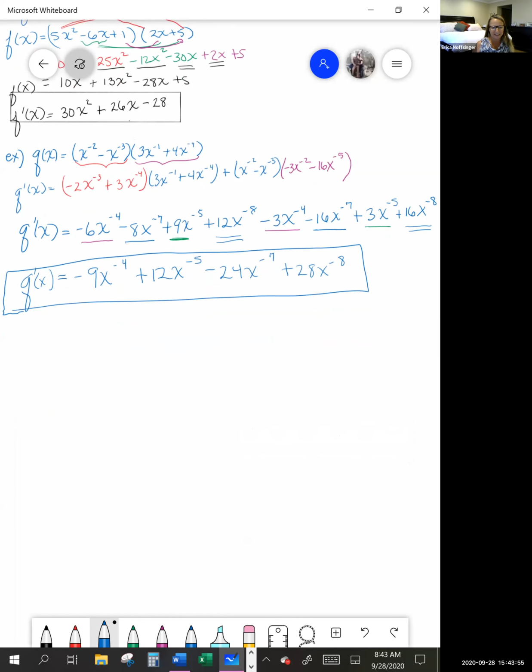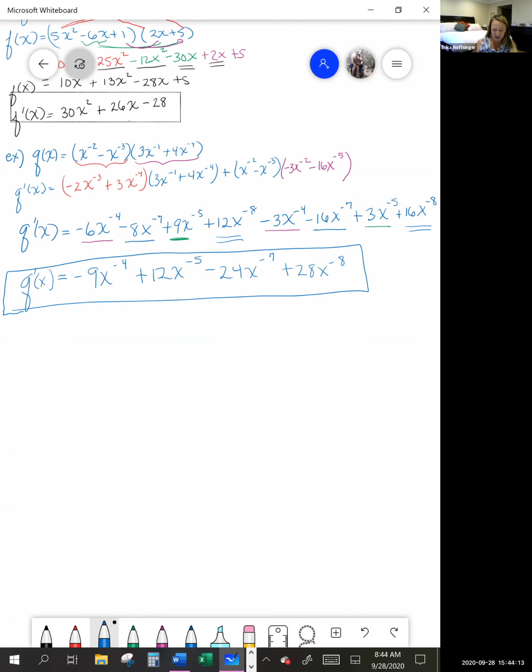Okay, so a lot of this is algebra and distributing and using rules and simplifying. So that's the product rule.